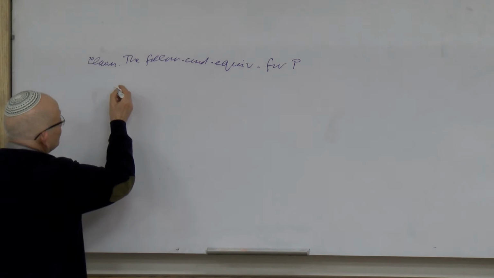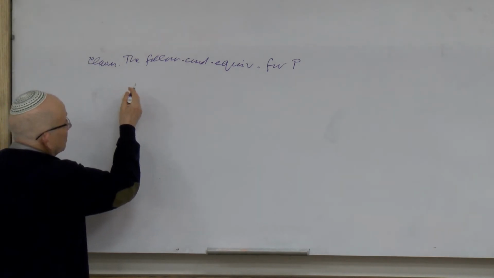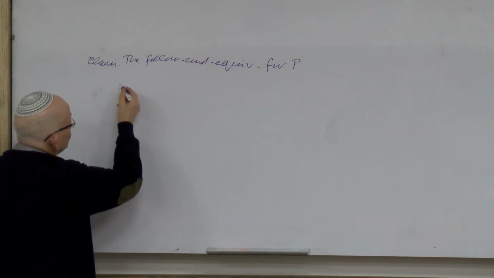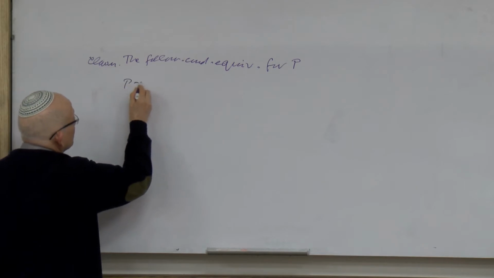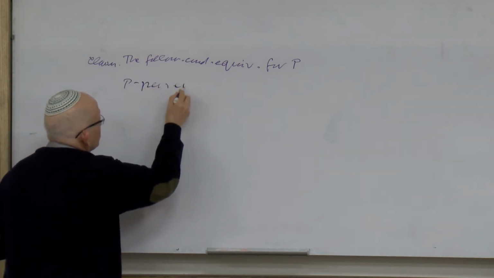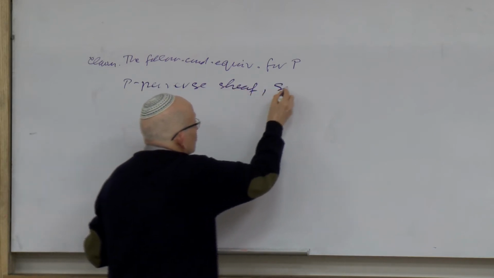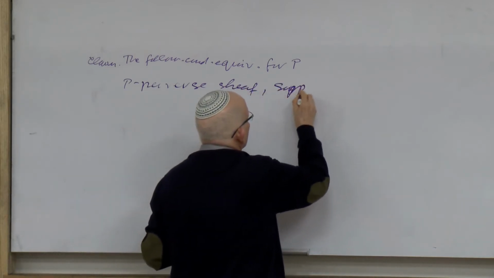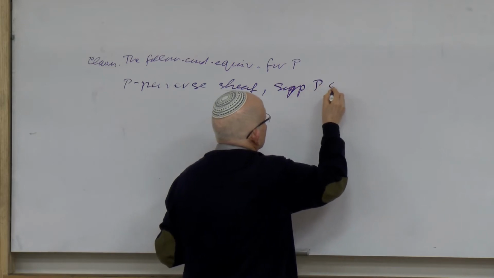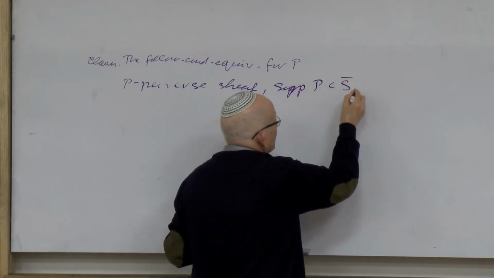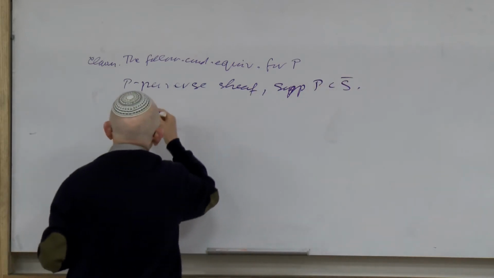So we assume that P is a perverse sheaf, and the support of P lies in S bar. Then the following conditions are equivalent.